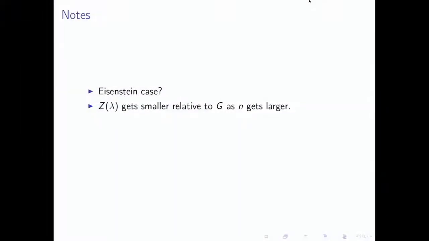The other thing to note is that as n gets larger, these being automorphic forms on GL_N or U_N or SO_N, the centralizer gets smaller relative to the group. So the amount of work Ratner's theorem does for you gets larger and larger. In some sense the problem appears to become more difficult.